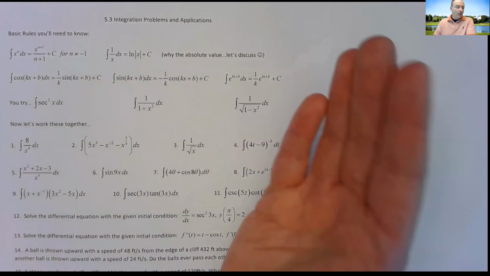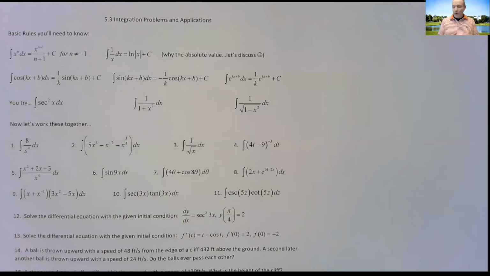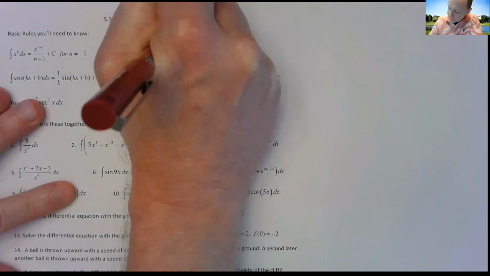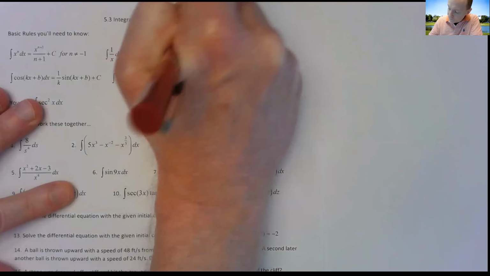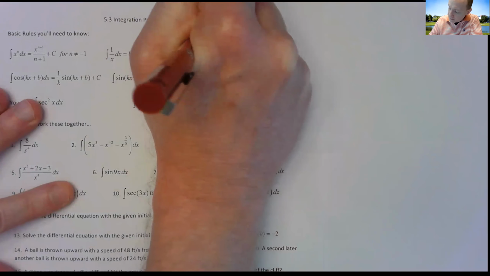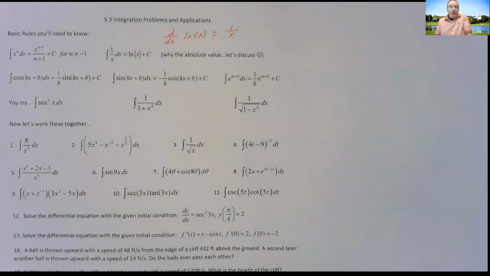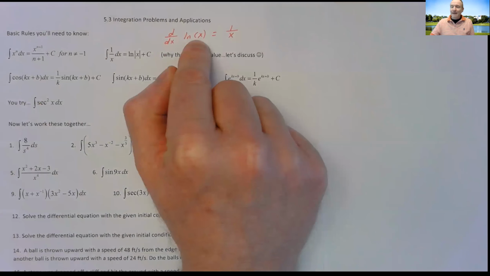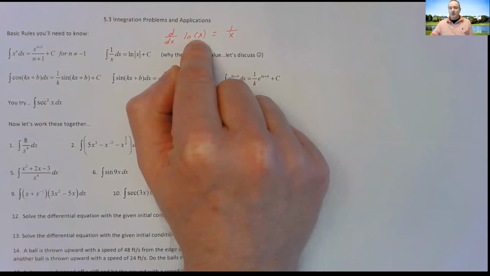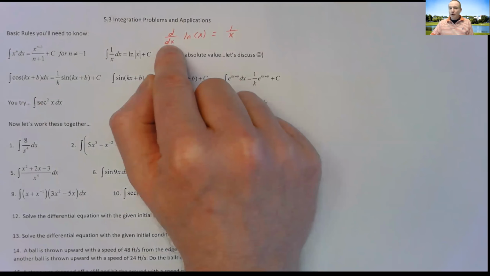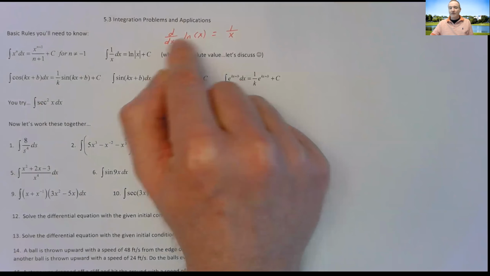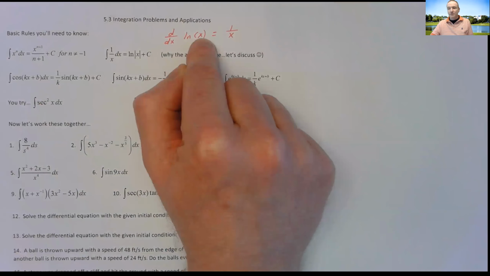If you think about whenever we take the derivative, when I say the derivative with respect to x of the natural log of x, and you say, well, that's equal to 1 over x. Why is there no absolute value in that problem? Nor should there be. Well, why? Because implied in the original domain restriction of the problem, you couldn't take the derivative with respect to x of something that didn't exist in the first place.